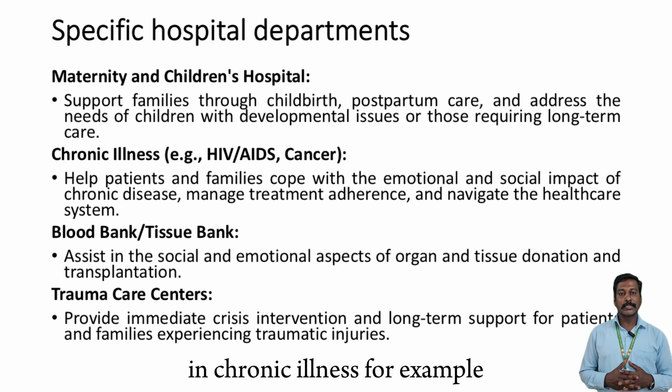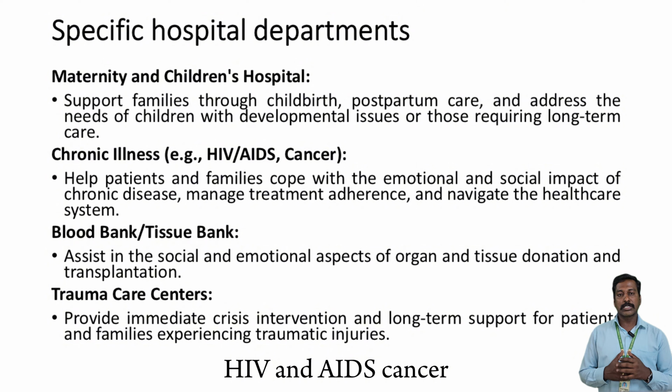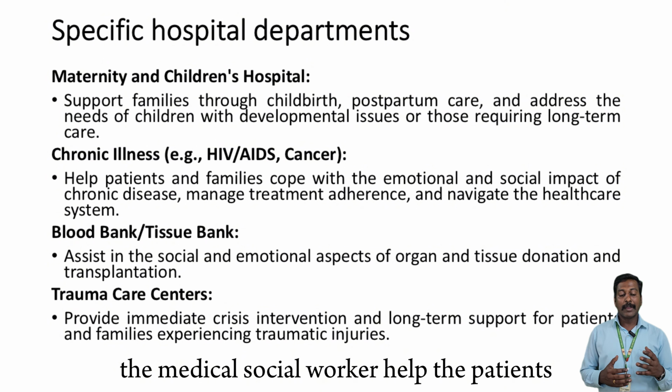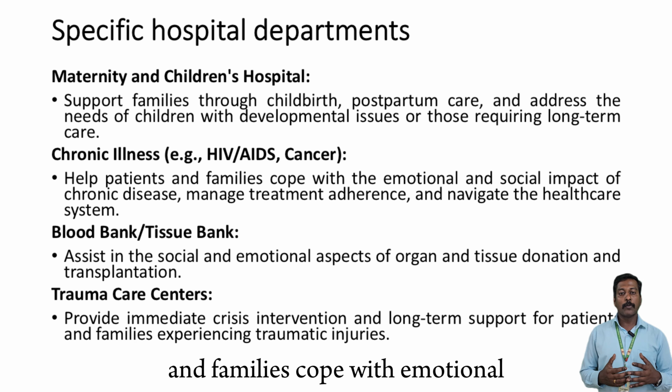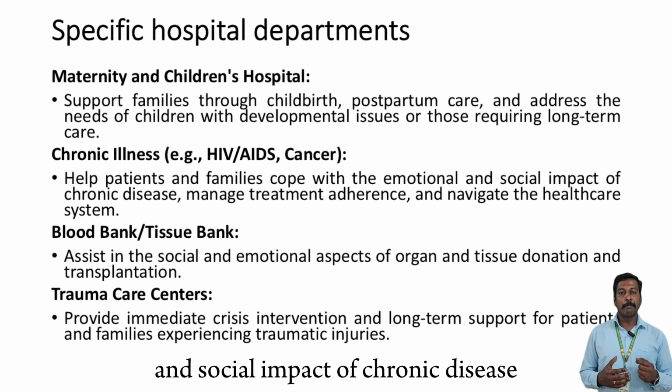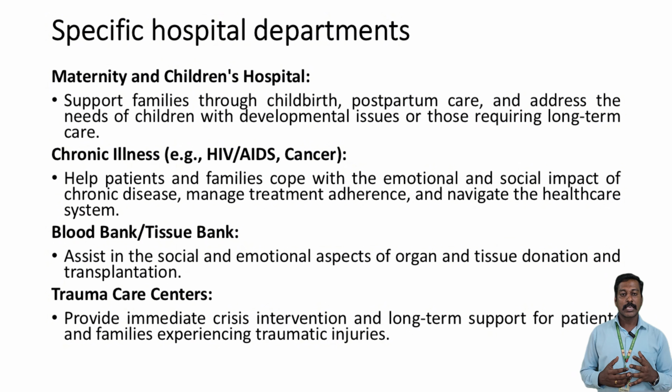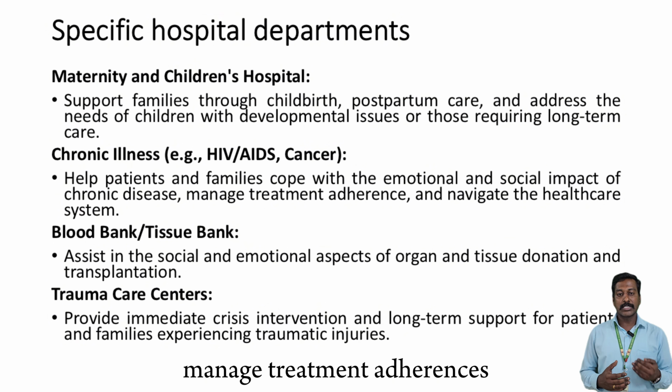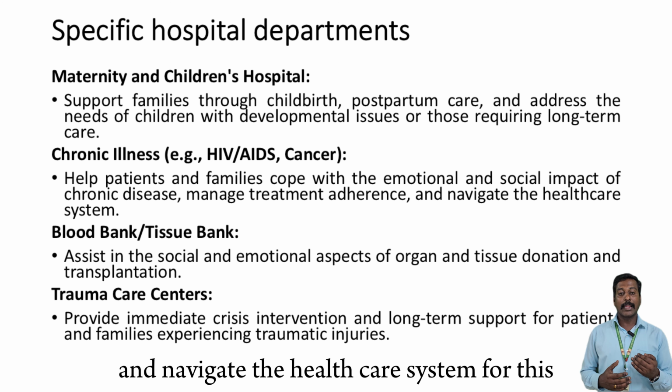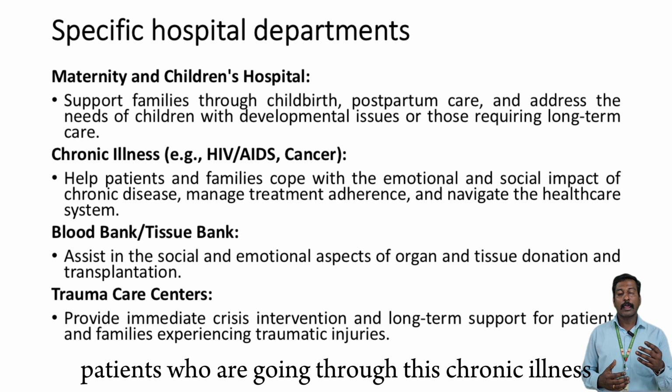In chronic illness, for example HIV and AIDS, cancer, the medical social worker helps the patients and families cope with the emotional and social impact of chronic disease, manage treatment adherence, and navigate the healthcare system for these patients who are going through this chronic illness.